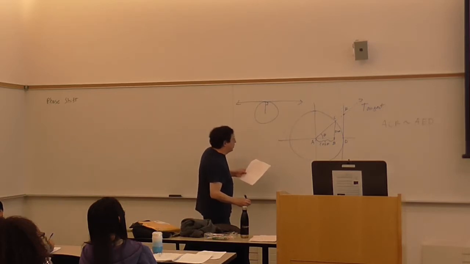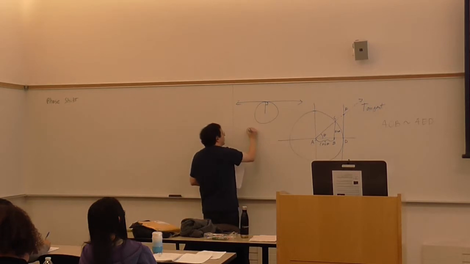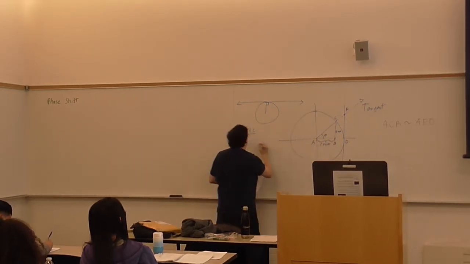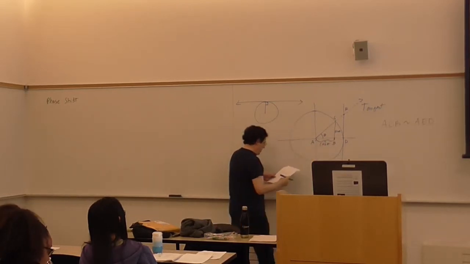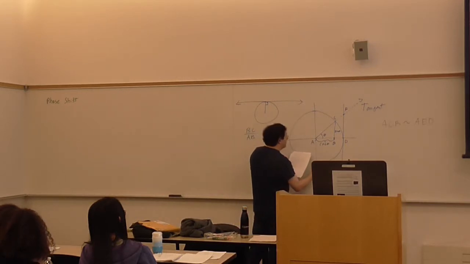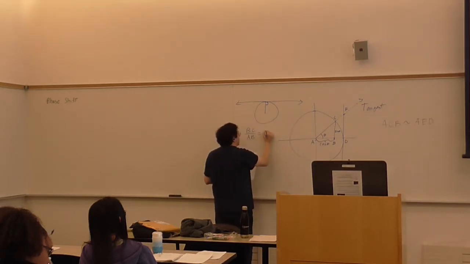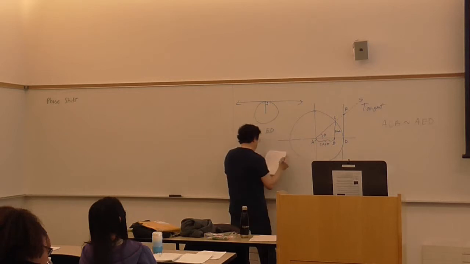So if you have similar triangles, you can say something about the ratios of their sides. In particular, you can say BC is to AD, that's the sine over the cosine, is similar to ED over AD.